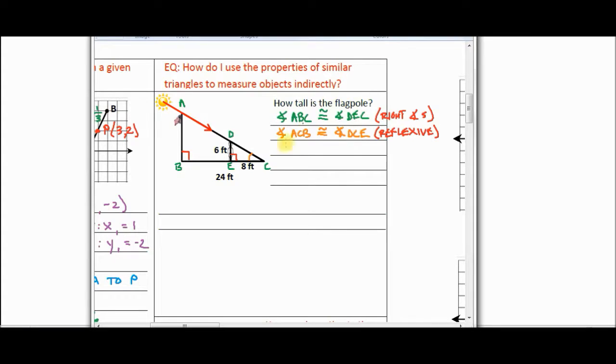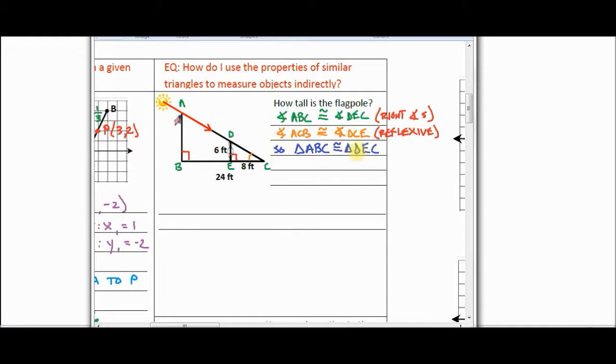Now, we've got two triangles where we have two angles that we know are congruent to each other. And we know what that means, class. So, based on that, triangle ABC is similar to triangle, okay, A corresponds to D, so that must be letter D. B corresponds to E, that's the right angle, and C corresponds to C. That's a shared vertex of both of those.